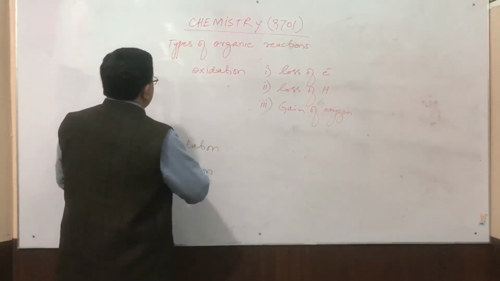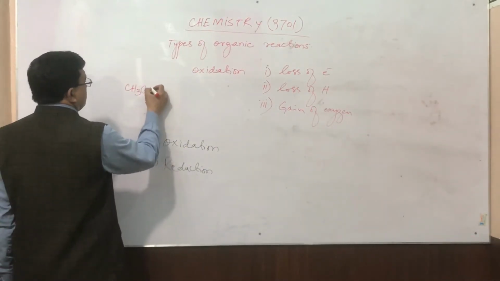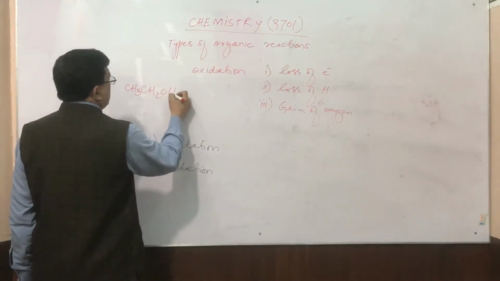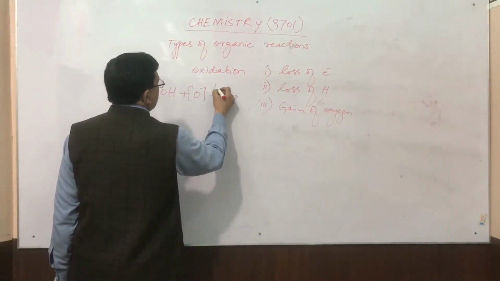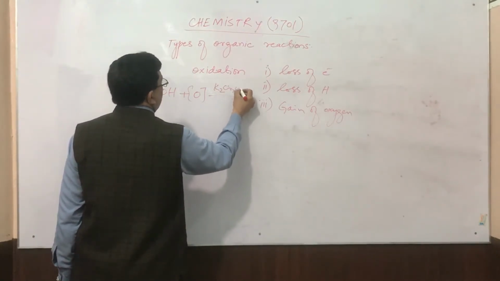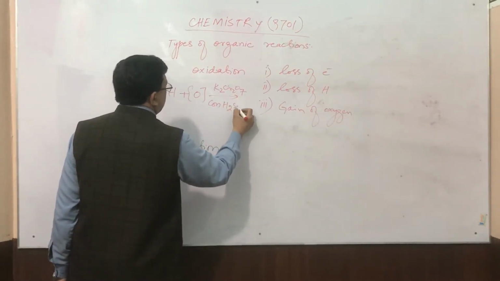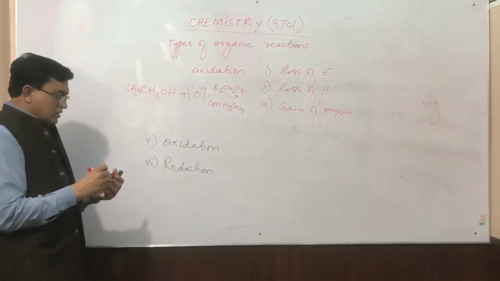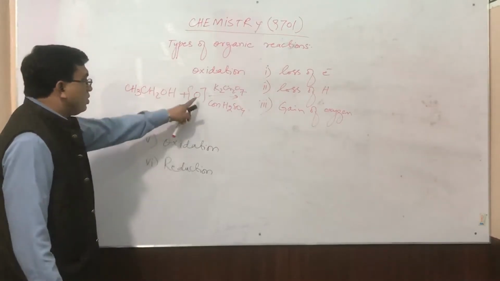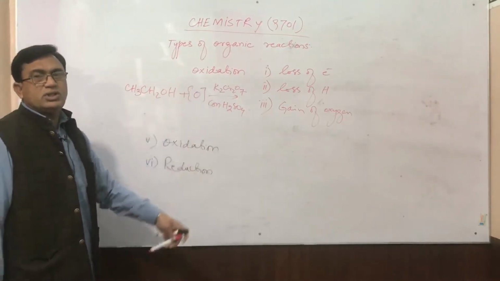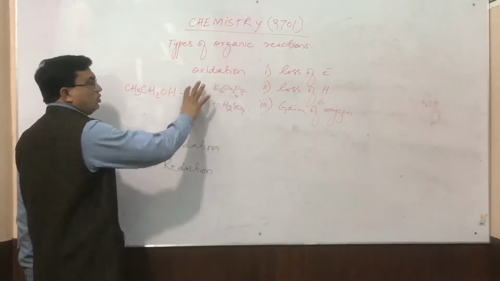We know that alcohols, for example CH3CH2OH, ethanol, are oxidized in the presence of K2Cr2O7 and concentrated H2SO4. Both of these reagents first react with one another producing atomic oxygen, also called nascent oxygen, which is much more reactive than molecular oxygen.